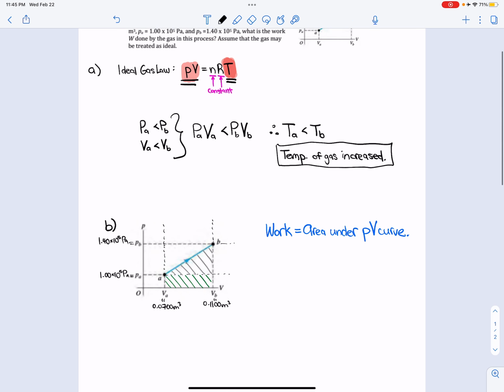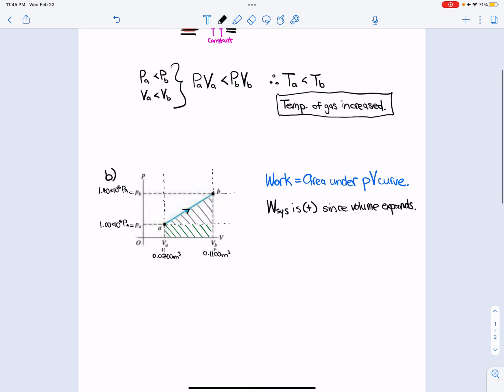Because our volume increases from state A to state B, the work of the gas is positive since the volume expands, right? Okay, so anyways, let's calculate the work done by the system by calculating the two areas here.